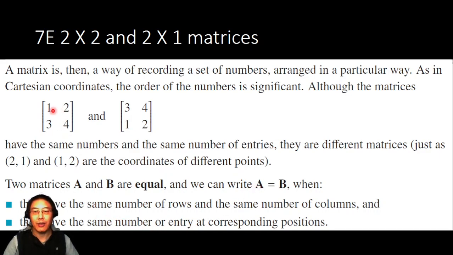The entries for the same row and the same column are identical. It means they have the same number at corresponding positions. So the first one, they must have the same dimension. That's what it means by the first dot point.